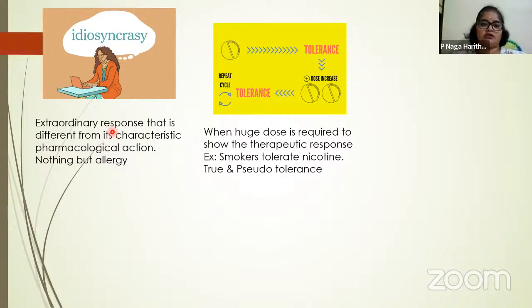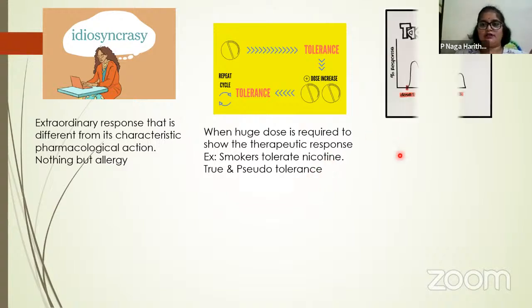During any surgery, if they have to be given anesthesia, the anesthesia dose has to be higher for alcoholics than for non-alcoholics. Okay. So there are two types of tolerance: true tolerance and pseudo tolerance. True tolerance is nothing but what we get only with oral administration. However, pseudo tolerance occurs with both oral as well as IV administration.